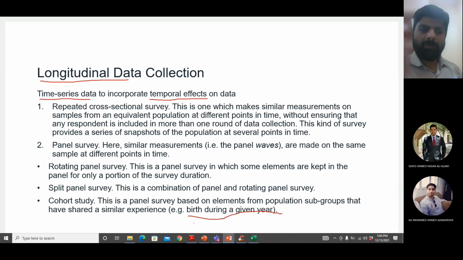After that, they will change. And then we have a split panel in which the part of the panel which is changed is fixed, and the part of the panel which will not change is also fixed. Okay, so every time you will change 4 people and the remaining 6 will be fixed. So this is split panel, and then we have cohort, which means the panel consists of people which have something in common between them.